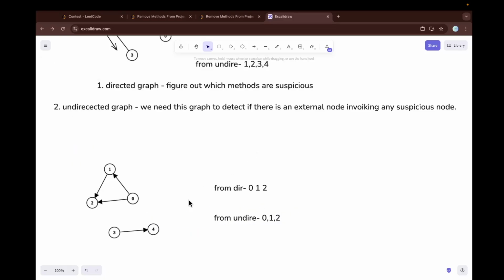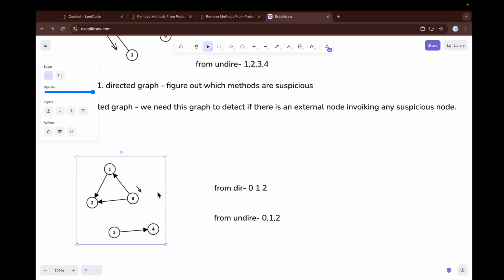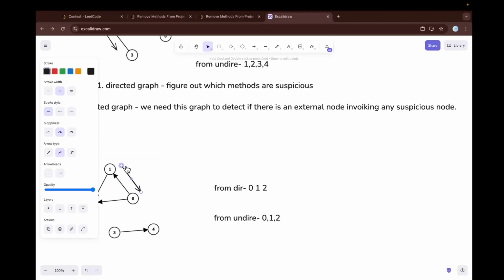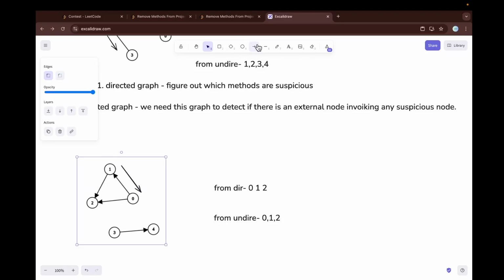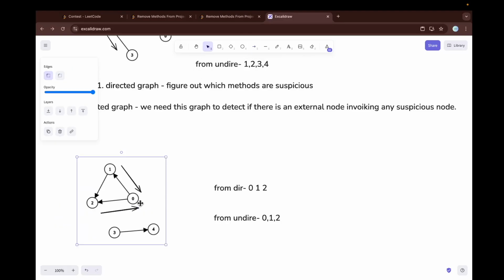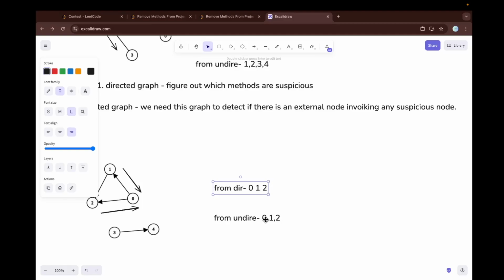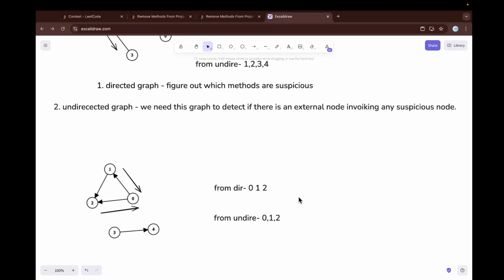There is no way we can reach 3 and 4, even if the edges are directed or undirected. Even if I draw an edge like this, we are able to reach 0, 1 and 2 only, from the undirected graph as well as from the directed graph.